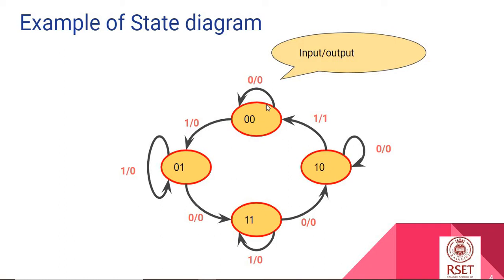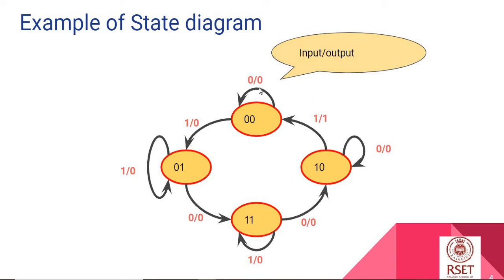So when we provide an input of 0, the state from an initial state of 0,0 goes to the next state, which is 0,0 itself, and the output is 0. While when we are at the state 0,0 and we provide an input of 1, from the arrow we can see that we go to 0,1 and our output is 0.